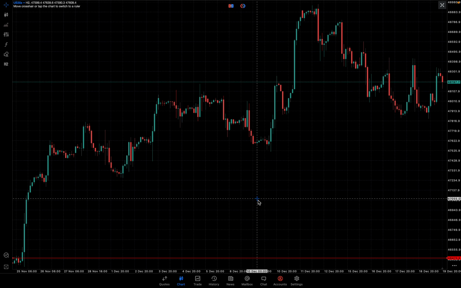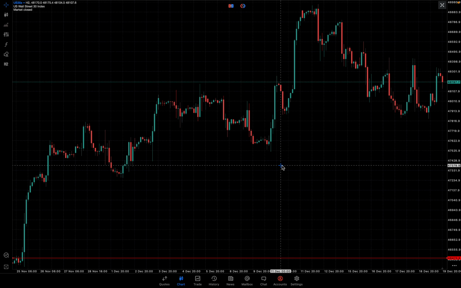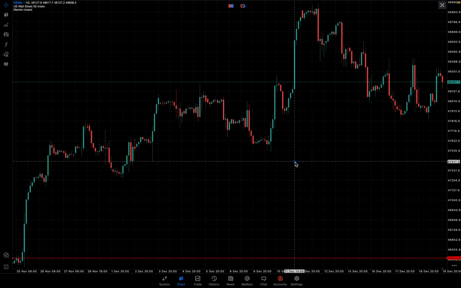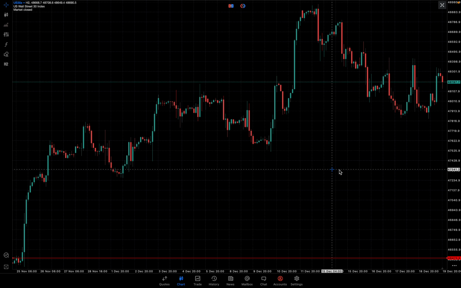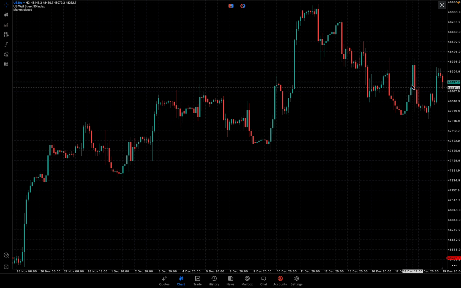So another setup again of what I'm talking about is right here. The price came here. This pre-level was, and price came, filled it up, and gave me my buy.